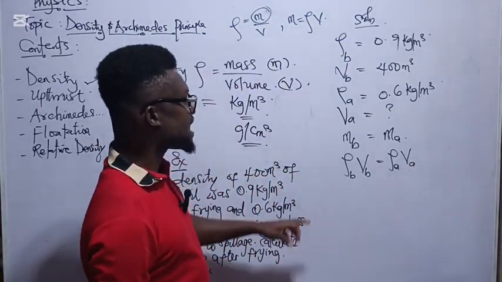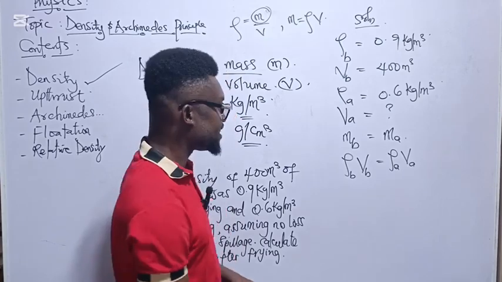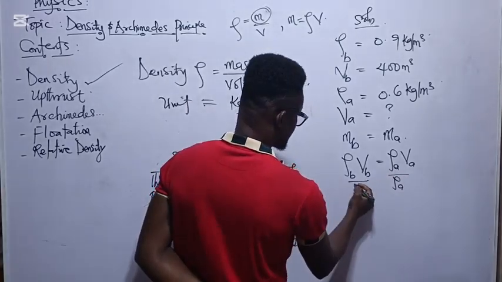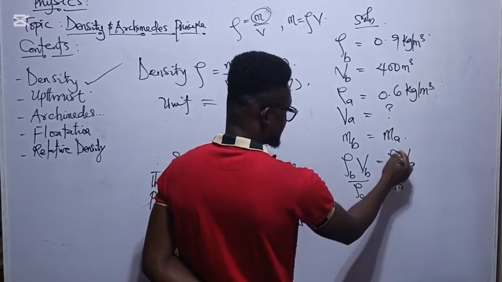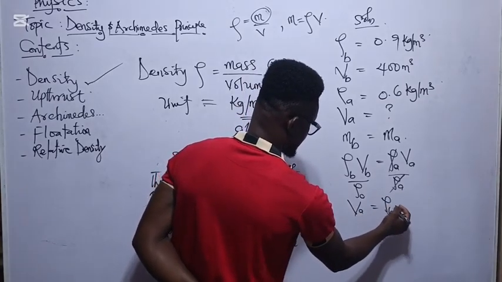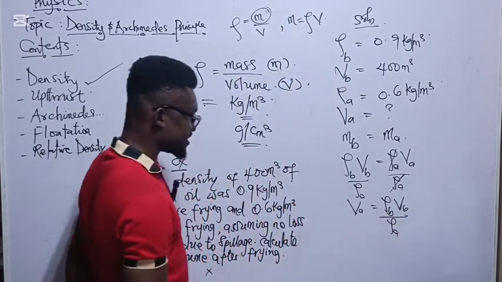So at this point, we are asked to find the volume after. Hence, we make V_A the subject of the formula. We divide both sides by density after. Hence, we have the volume after to be density before times volume before, all over density after.